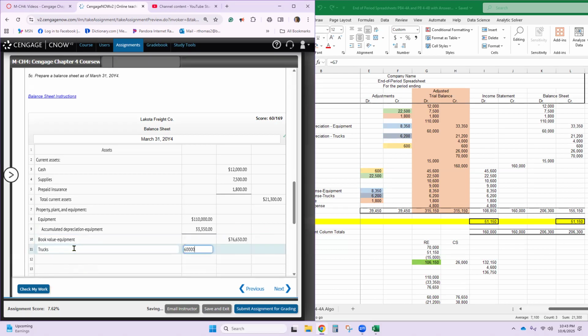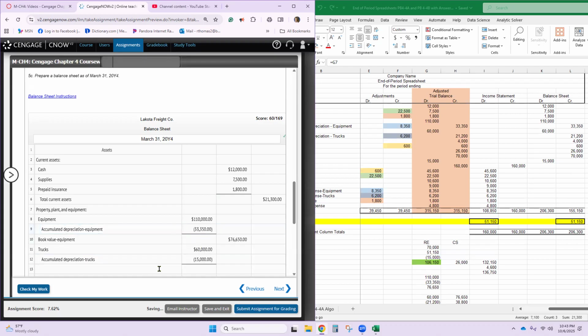The trucks are $60,000. Its accumulated depreciation is negative 15,000. I'm going to put a negative in here because if it's not right, we'll fix it.